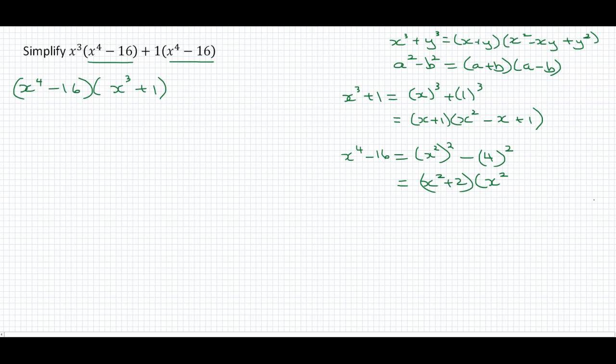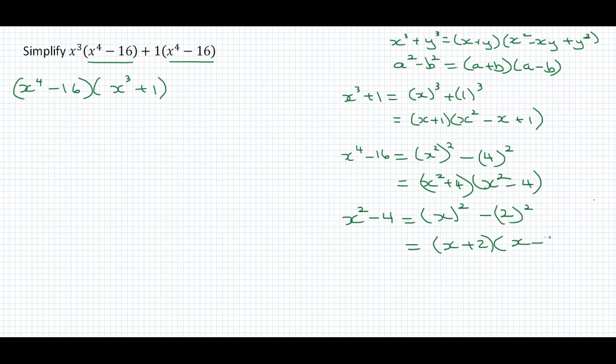It's going to be (x squared plus 4) multiplied by (x squared minus 4). Now we have a problem because x squared minus 4 is also a perfect square. So x squared minus 4 is the same as x squared minus 2 squared. So that's going to give us (x plus 2)(x minus 2).